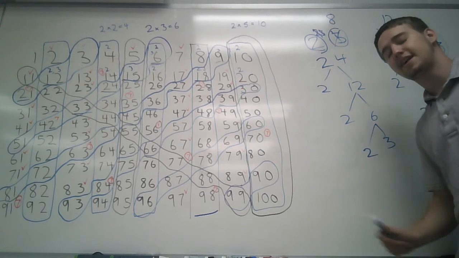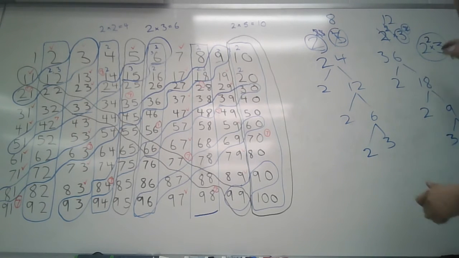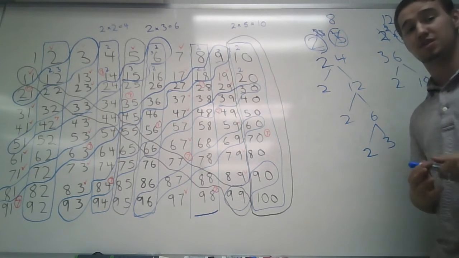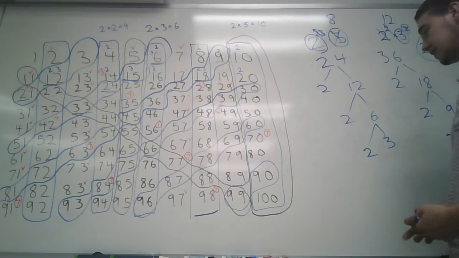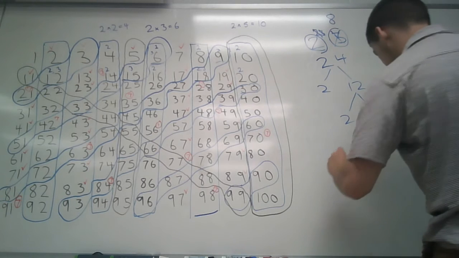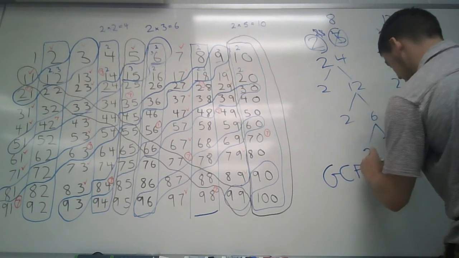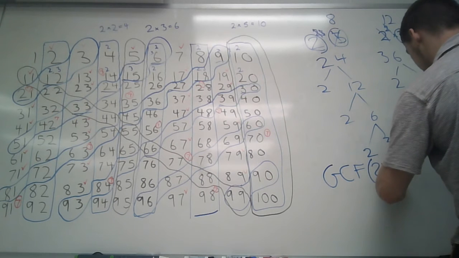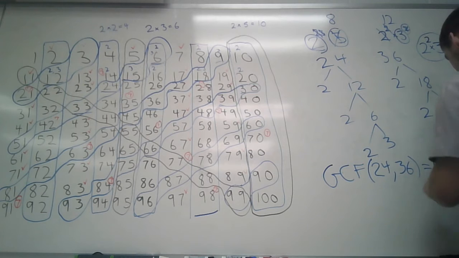None of the remaining factors of 24 are also factors of 36, so we can only keep 12 as the greatest thing we can pull out of both of them. It is the greatest factor they share in common. So we're going to call that a greatest common factor. So the greatest common factor of 24 and 36 is 12.